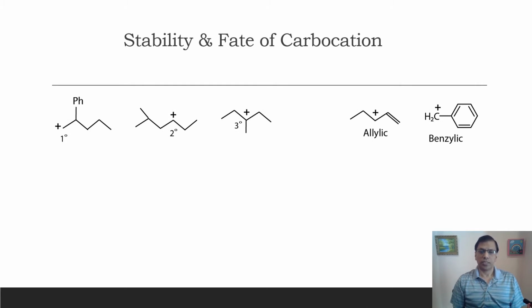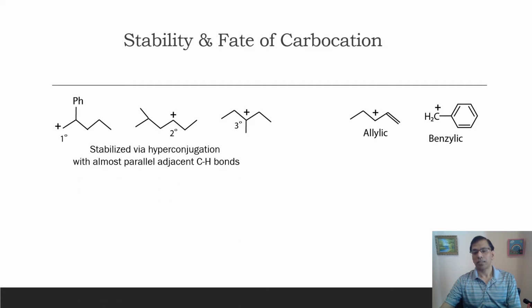So these are the different carbocations that can be generated. The first one is a primary carbocation because the positive charge is on the primary carbon. The second is a secondary carbocation, and then you have a tertiary carbocation. This is an allylic carbocation.